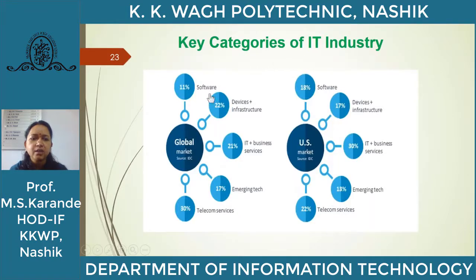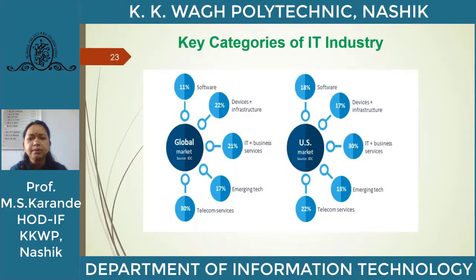Now, next, I will be discussing the key categories of the IT industry. Some broad categories are there, like software, devices and infrastructure, plus IT business services, and emerging technologies.